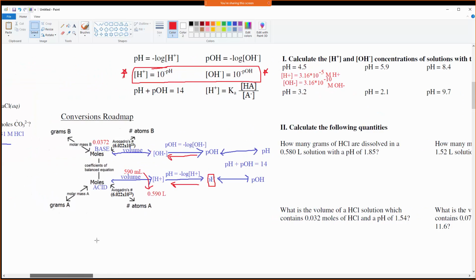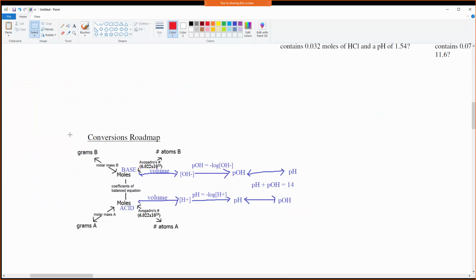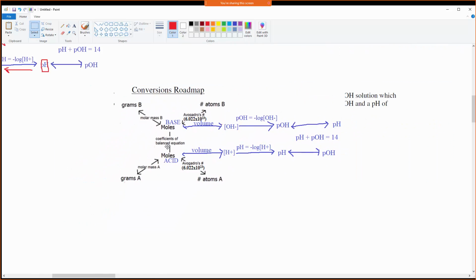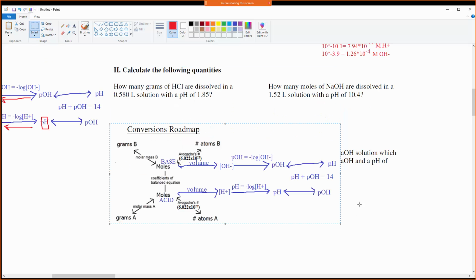Now, these problems, we could use our conversions roadmap for them, although they're not reactions. Just gonna bring this up here. They're just going back and forth either along the base trail or along the acid trail. And on the next section, we'll kind of put it together, right?